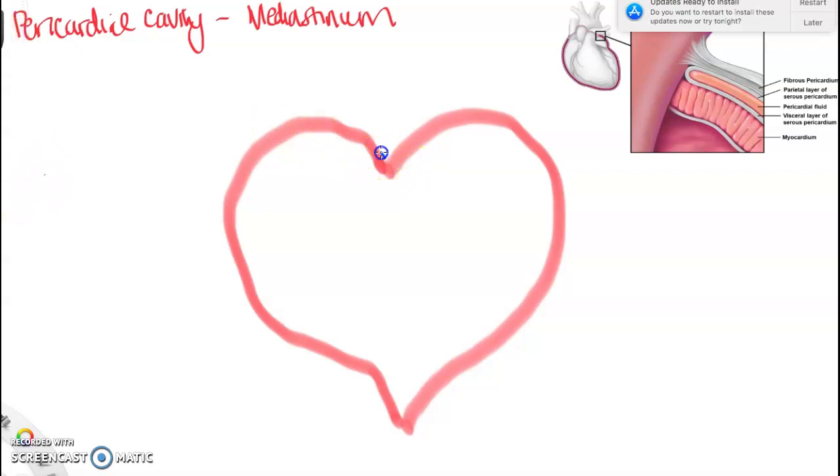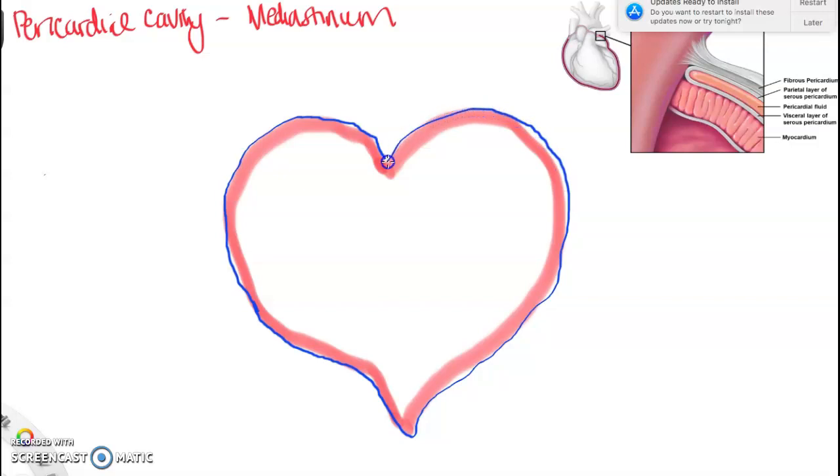So if we have a covering that covers the outside of the heart here, I'm going to do it as best as I can. This is the serous membrane. So this is the visceral layer of the serous membrane.